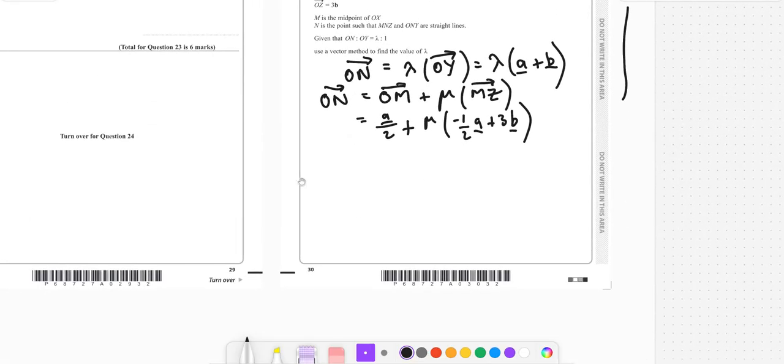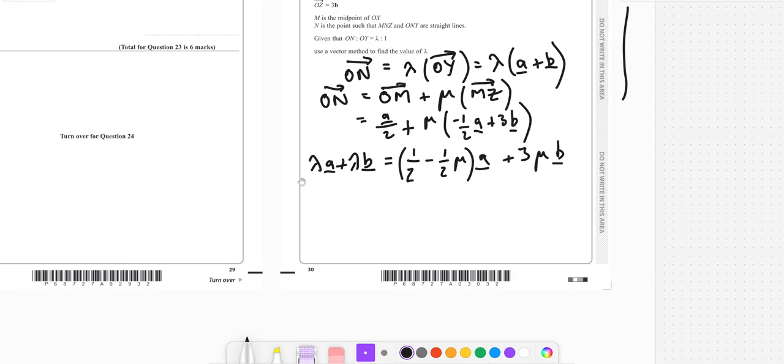Okay, so we've got two different routes there, so we can now just compare them. So we've got lambda A plus lambda B equals half minus half mu A's plus 3 mu B's.